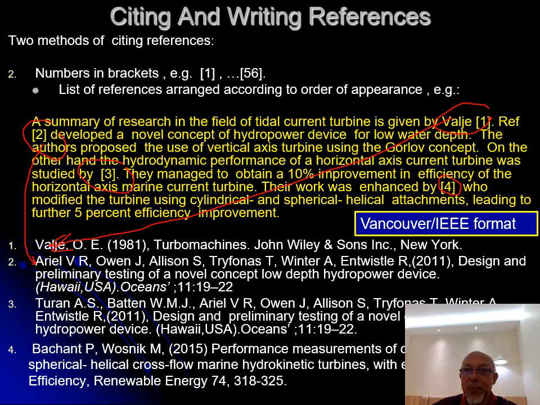But when you use author year, you do not put any numbers in the list of references. Just list the references in alphabetical order. When we use numbers in brackets, of course, you must put number 1 as reference number 1 and so on. So we must recognize these differences.